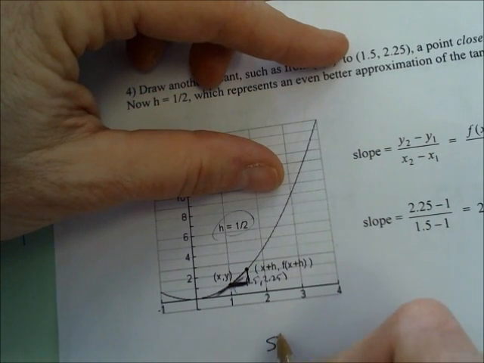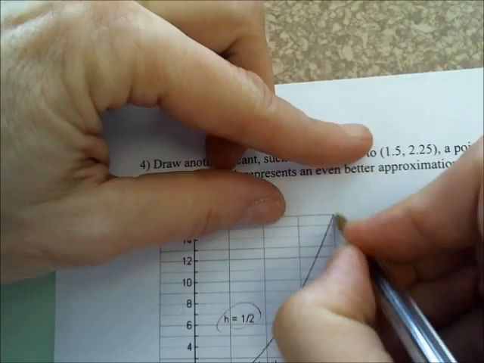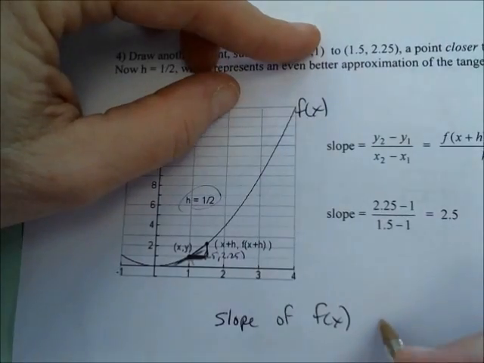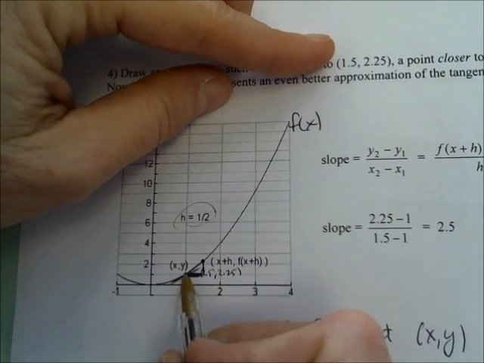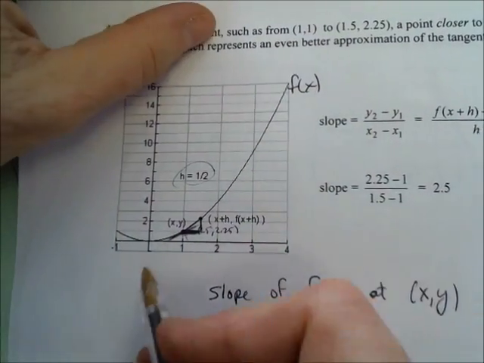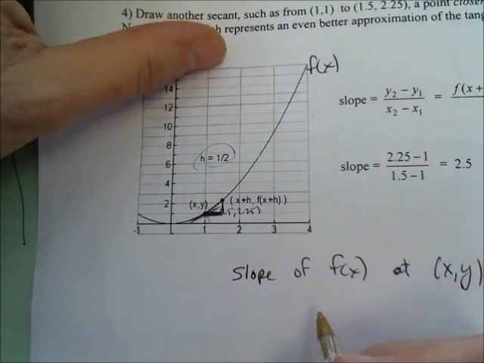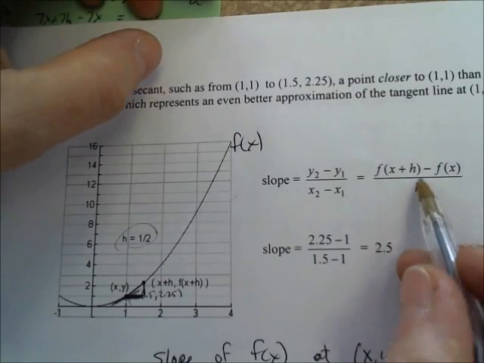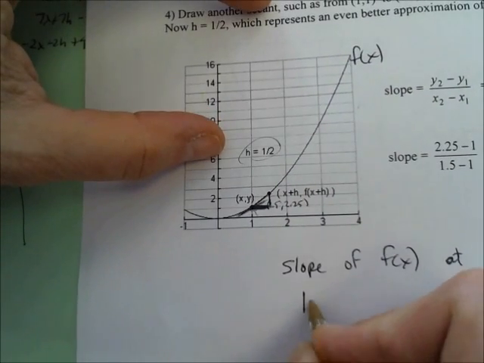So if I want to find the slope of this function, I'll call it f of x, at point xy, and this point xy just happens to be 1, 1, but I'm telling you that at any point along here, x comma y, what we're doing is trying to shrink this h down to 0. So this is a limit process.